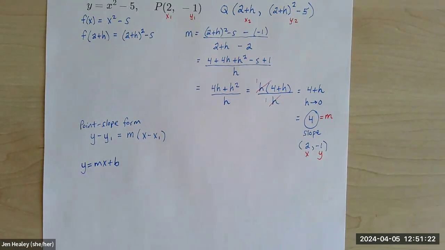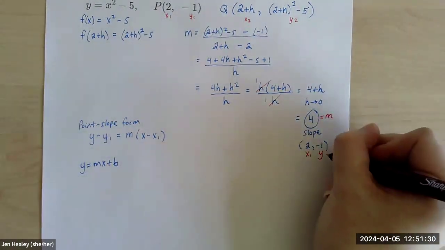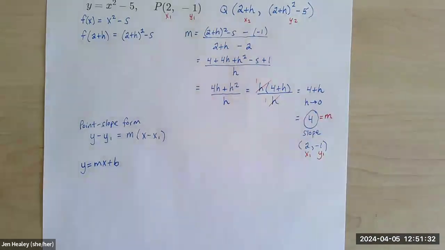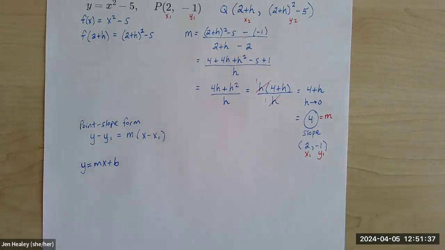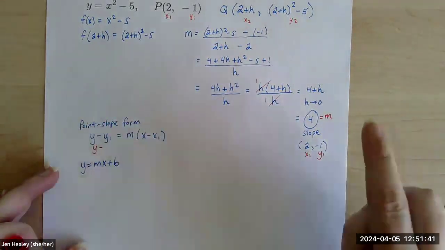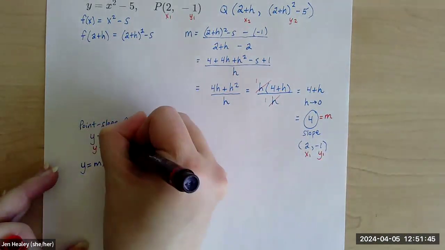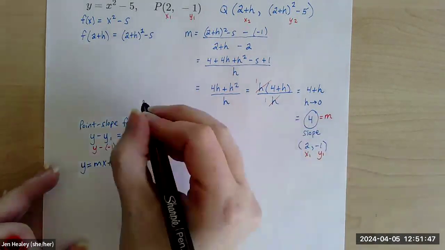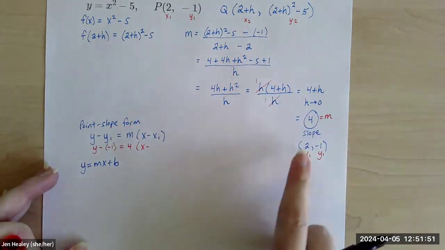If you're using point slope form, you're going to use this 2 as your x sub 1, and this -1 is your y sub 1, and our m is going to be the 4. We plug that in so that you have y minus y sub 1, which is -1, is equal to m, which is 4, times x minus, and the x sub 1 would be the 2.